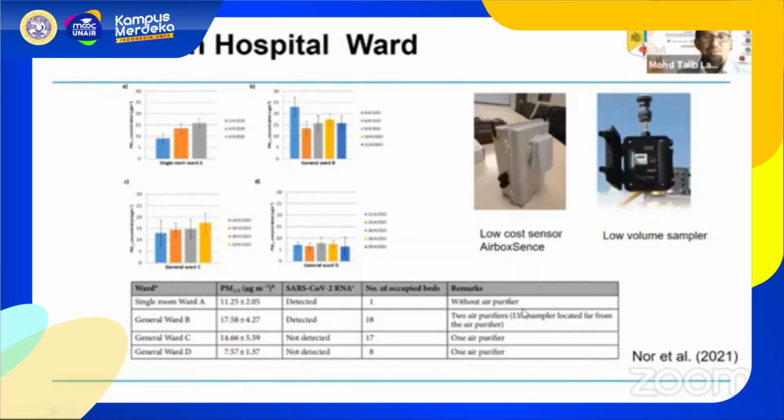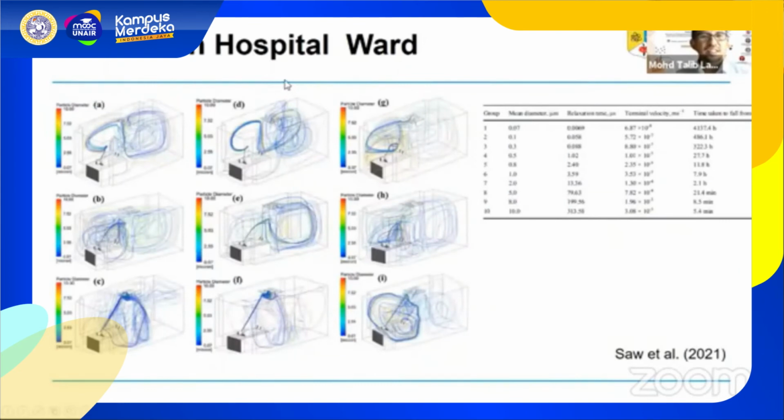So it shows that a purifier in hospital, and the ventilation system, is very, very important to eliminate COVID-19 transmission. This is COVID-19 in hospital also, worked on by Dr. Shahrul and also our friends from Nottingham University.